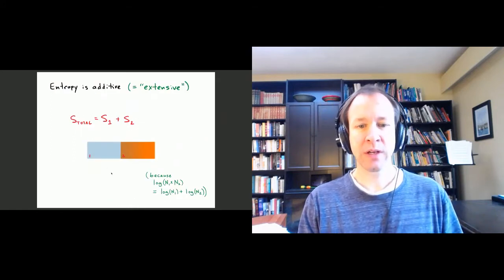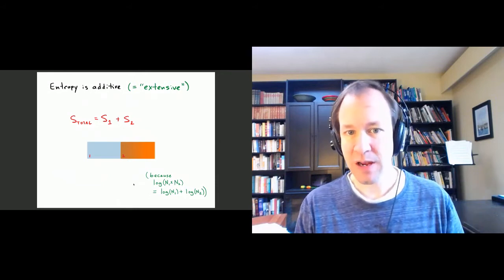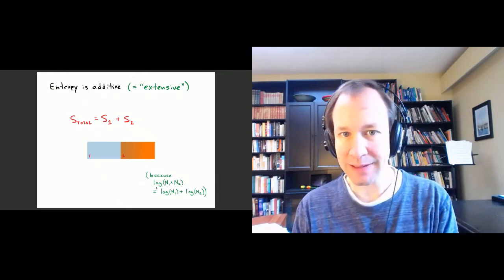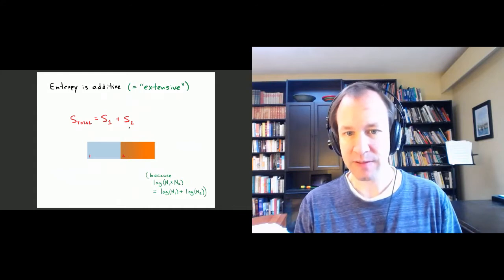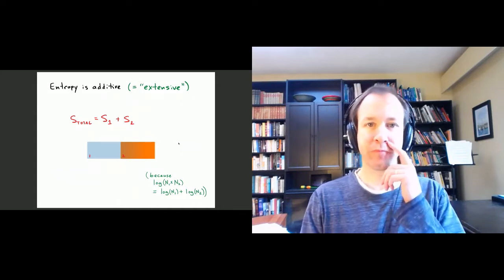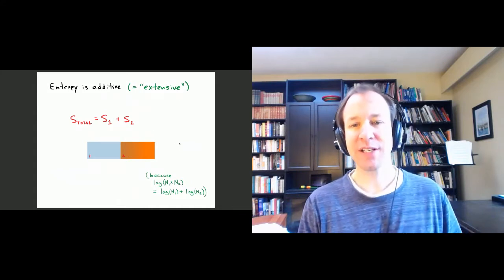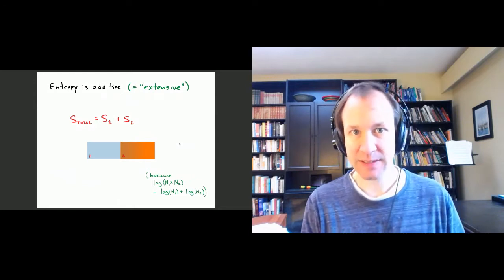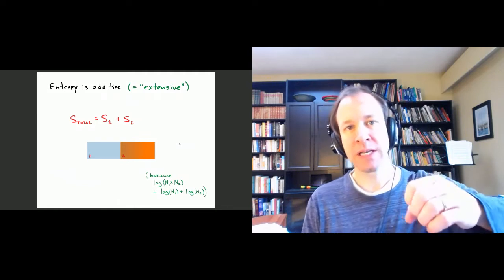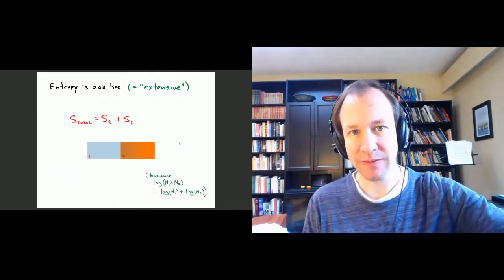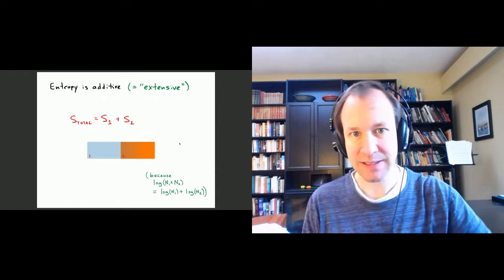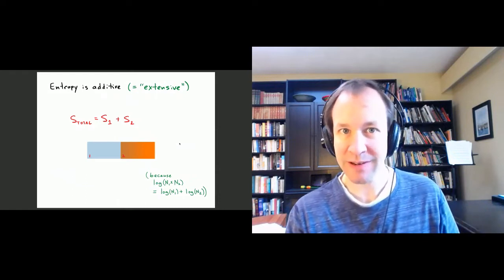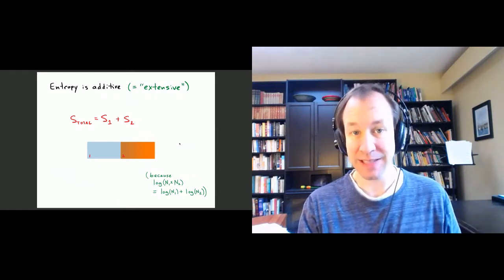I'll quickly give you an argument for why the presence of that logarithm means that entropy is going to be additive. Imagine that we roll a pair of dice. The number of possible configurations of the left die is 6. The number of possible configurations of the right die is 6.